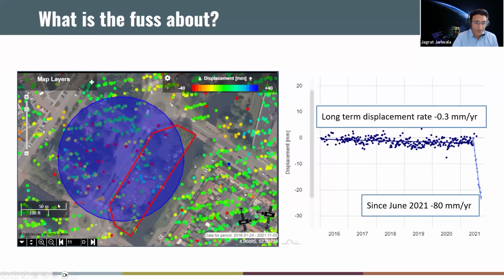These estimates were performed for a period of 2016 through 2021. Here, the red outline is the outline of the construction site where dewatering was happening. The blue circle corresponds to the area using which the point estimates for the right-hand side graph were prepared.